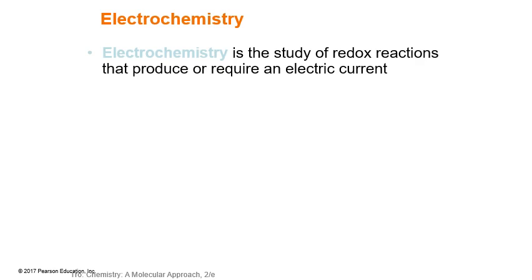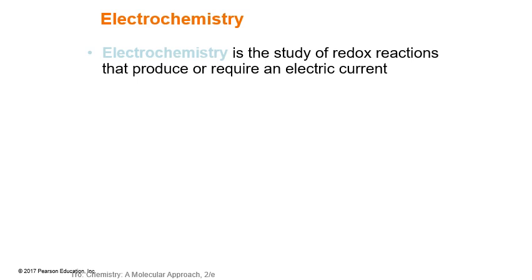Electrochemistry is the study of redox reactions. And through the use of redox reactions, we can have electrons flow. And that flow of electrons is an electric current. If you remember back to the first semester general chemistry course, redox reactions stand for oxidation and reduction.